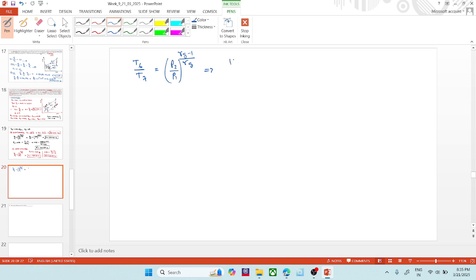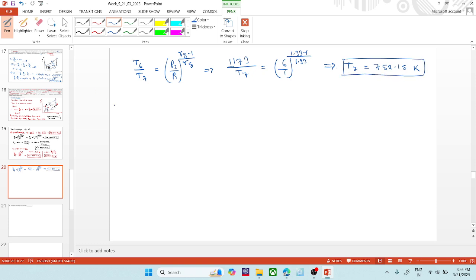So T6 value I have is 1173 divided by T7 is equal to 6 by 1 to the power (1.33 minus 1) divided by 1.33. When we solve it, I will get the value of T7 as 752.17 Kelvin.